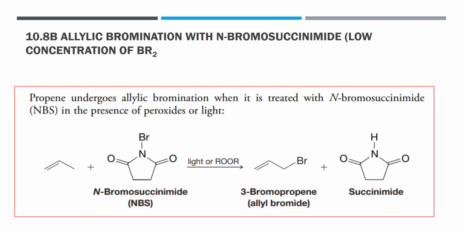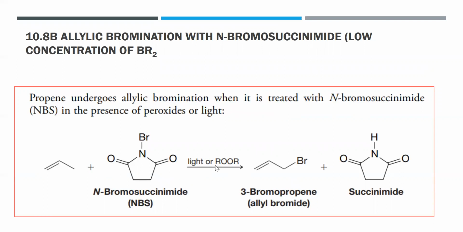A bromination reaction. This time we use another reagent. We call this one N-bromosuccinimide, and the N-bromosuccinimide has this structure here. The propene undergoes allylic bromination. You have another alkene here, and you have N-bromosuccinimide in the presence of light or a peroxide.